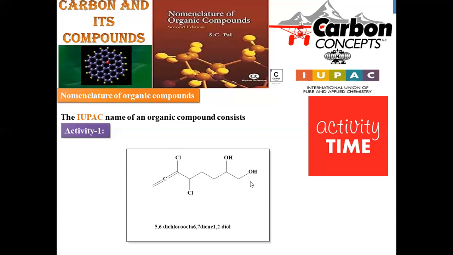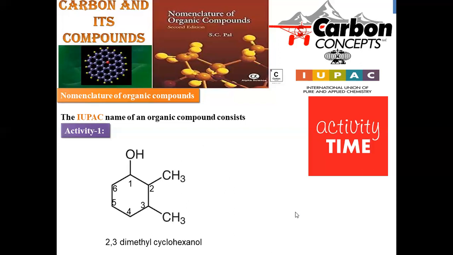So the parental chain is of 8 carbon length, oct is the root word. Now, on first and second hydroxy are there, so the suffix will become ol. Two chloro groups are in the 5th and 6th positions, so 5, 6 dichloro. 6th and 7th have the double bond, so 6, 7 diene. So the entire chain will be octa, so 5, 6 dichloro octa, 6, 7 diene, 1, 2 diol is the IUPAC name of this compound.